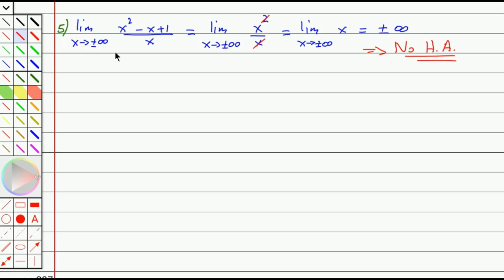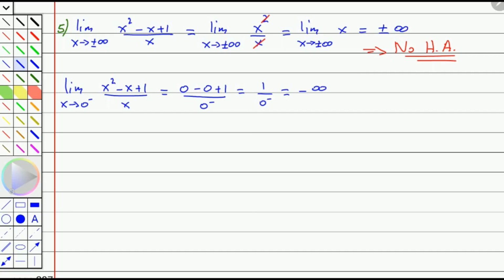So let's continue with the restrictions. We have one restriction at 0. Limit as x goes to 0 minus of (x squared minus x plus 1) over x. We substitute 0 minus 0 plus 1 divided by 0 minus. We have 1 over 0 minus. This will be negative infinity.